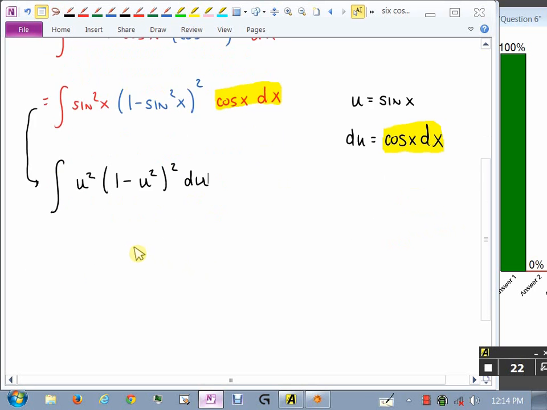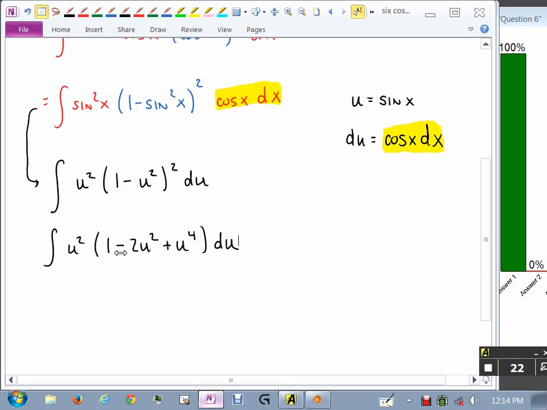And this integral can be done if I first expand this out. What's 1 minus u squared times 1 minus u squared? So FOIL it out. You would get 1 minus 2u squared plus u to the 4th du. So I just FOILed that, expanded it.